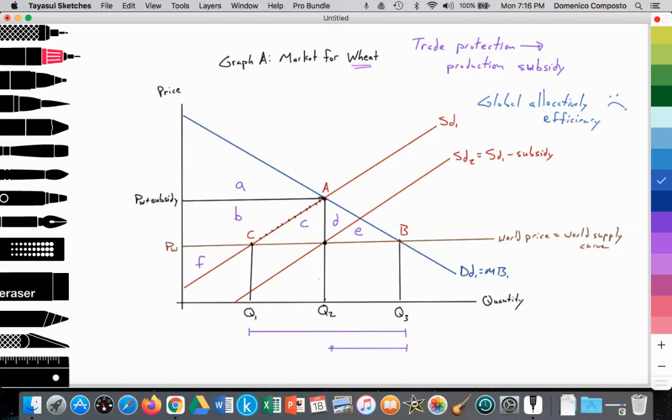We can see that a welfare loss has been generated, which is equal to area C. This triangular area here is the welfare loss. And that represents increased output from an inefficient domestic producer. Welfare loss is generated because you have quantity supplied from a domestic firm that is productively inefficient.